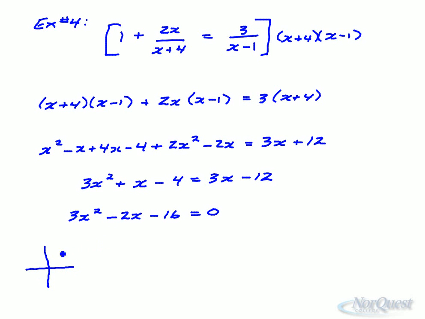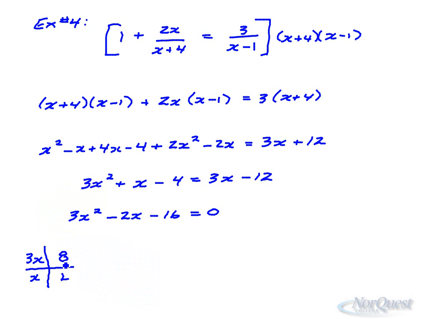So the factors of 3x squared will be 3x and x. 16, I can try 4 and 4, or I can try 8 and 2. I'm going to try 8 and 2. Check your cross products. I need to end up with negative 16.